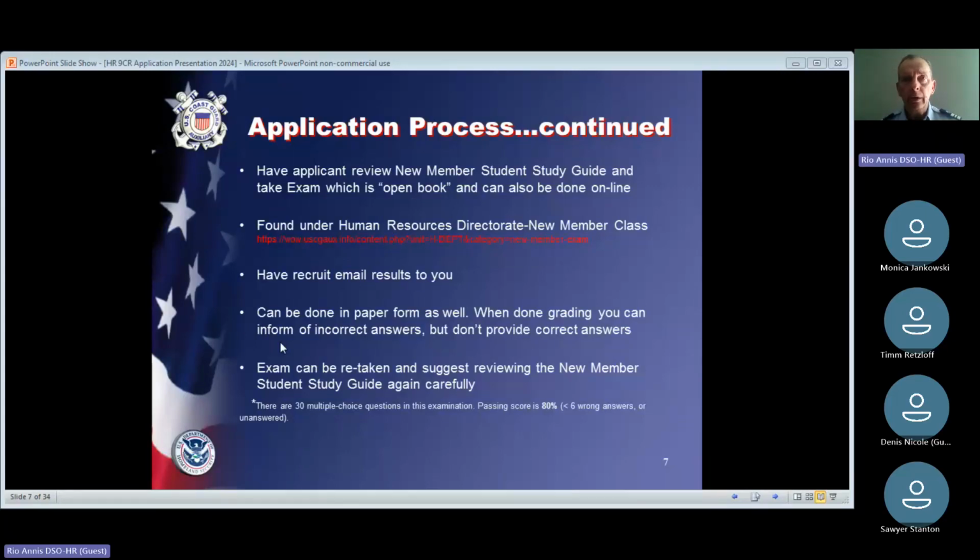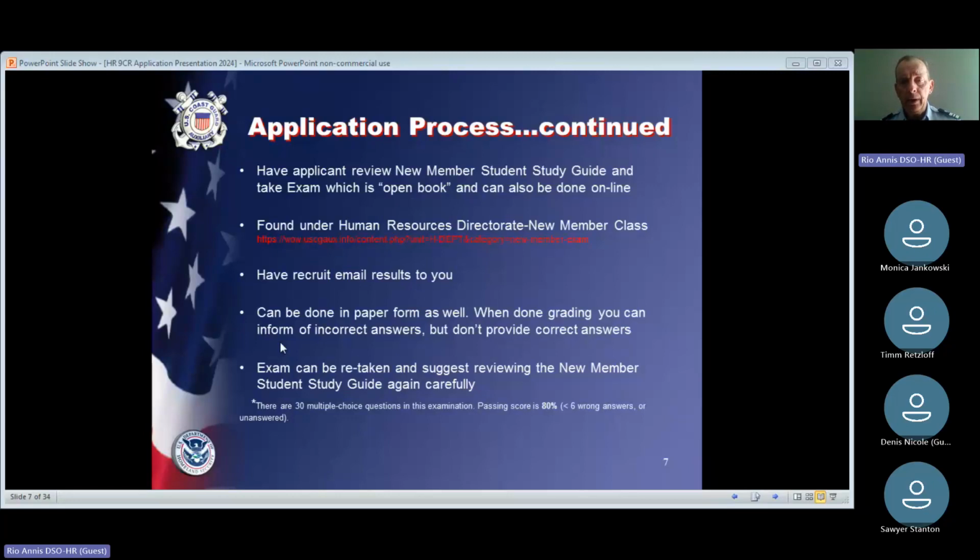The nice thing is when they click on to take that exam, they will provide some information, and once they've completed the exam, the results will email right to them. Then they can just forward that email on to the flotilla commander, so you'll have that date and score of the exam for the application.